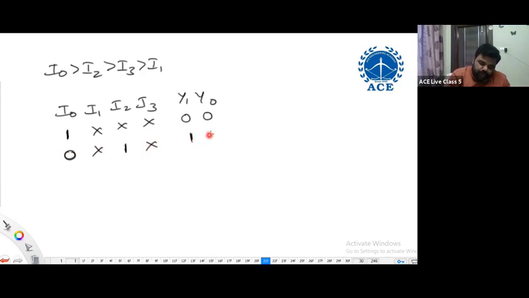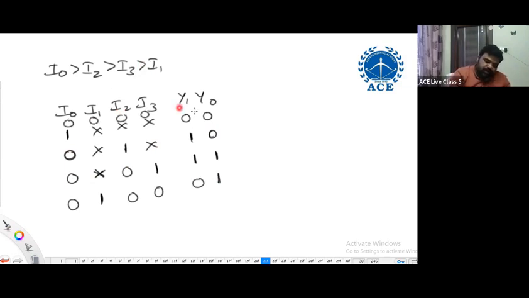Then it is 1, 0. When this is 0 and this is 0, the next priority is for I3. That means if it is 1, I1 may be 0 or 1. It will be 1, 1. When all these are zeros, then the least priority one is I1. It is 0, 1. And for all zeros, it is 0, 0.